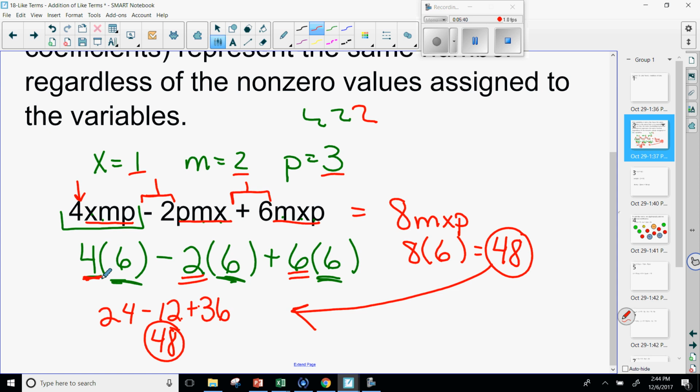And what we want to work with today is being able to recognize those like terms and then group them together or add them together. How do we add like terms? Did I do anything different with the mxp when we grouped it together? Nope. All we did is add the coefficients. The variables remained as m, x, and p in my final answer.